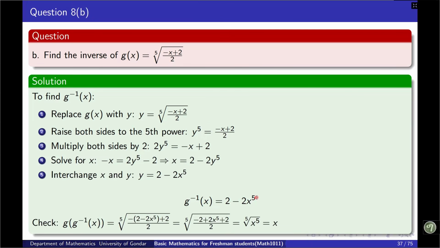If you need to check, g of g inverse of x must be x, which is equal to the fifth root of 2 minus 2x to the power of 5 plus 2 over 2.